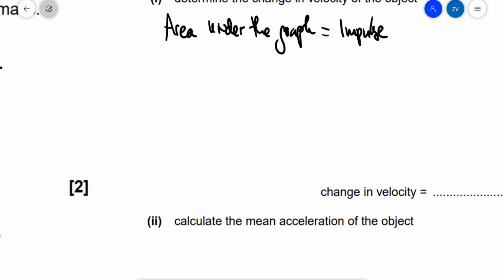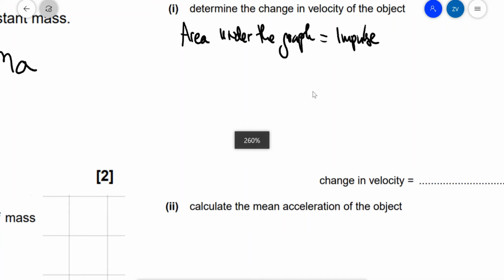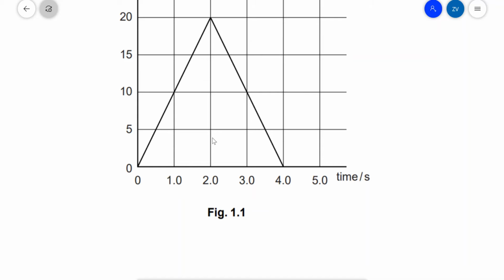Now, impulse is essentially the average force multiplied by the time it acts upon an object. We could calculate the area by just using the formula that the area will be a half the base times the height. So our area in this case will be half times 4. I'm just checking the units because often they would give us some non-standard units.